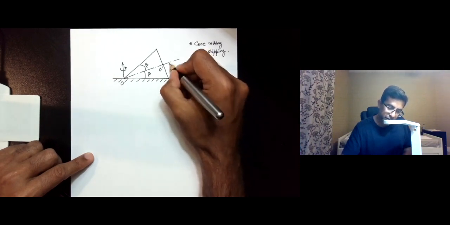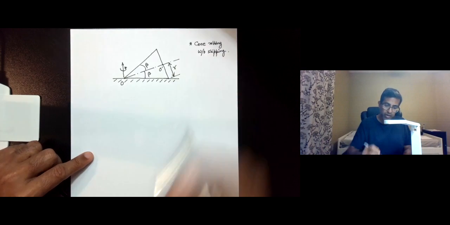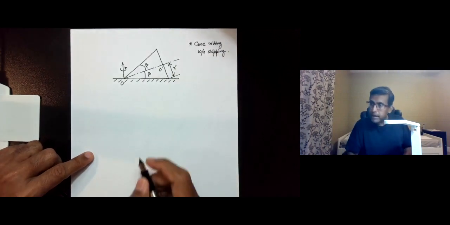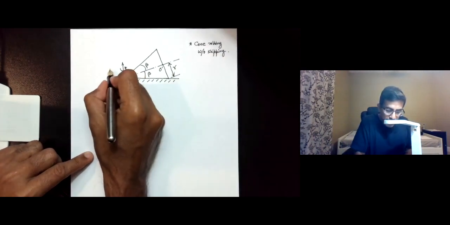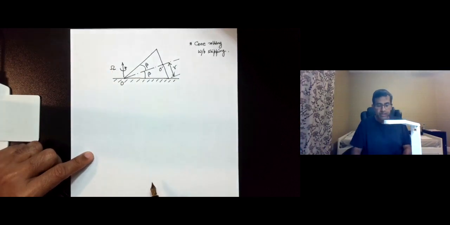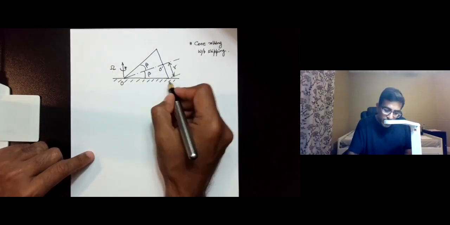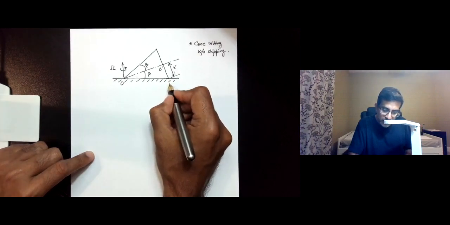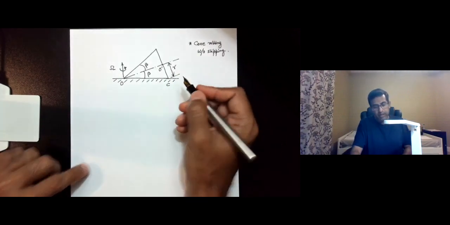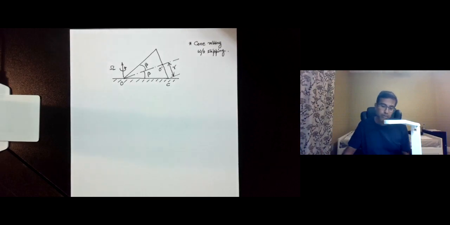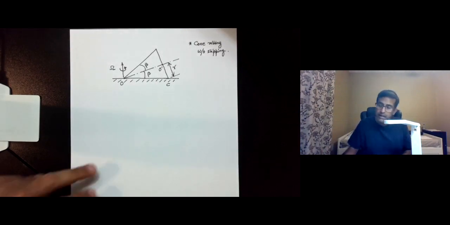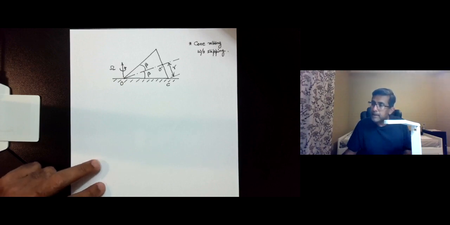The radius of the base circle is r, small r, and the rolling angular velocity is omega. At any arbitrary instant, the point of contact of the base circle with the ground is at C.